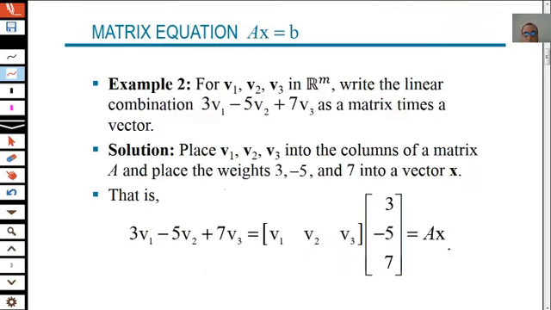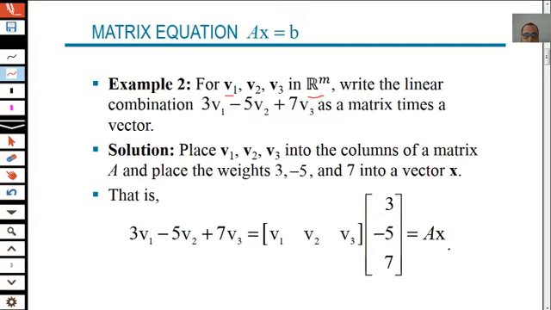For example, for v1, v2, v3 in Rm, which means that we have m components for them, write the linear combination 3 times v1 minus 5 times v2 plus 7 times v3 as a matrix times a vector. So place the vectors into the columns of a matrix A and place the weights into a vector x.